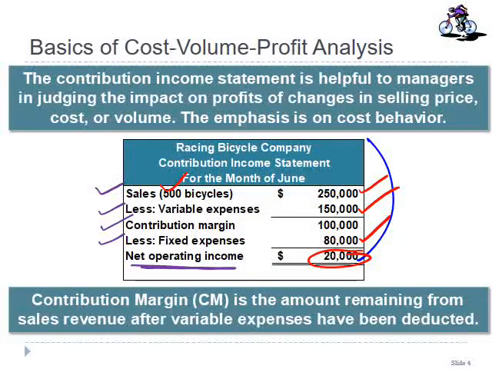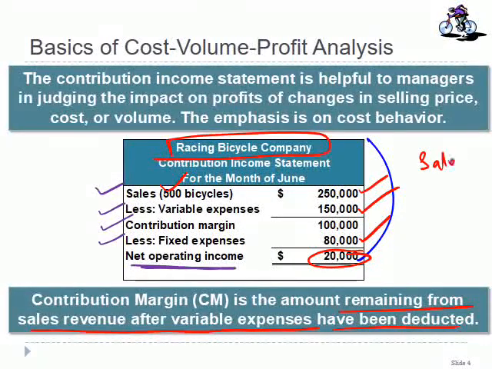So in order to understand the cost volume profit analysis, we have a hypothetical example of a company named Racing Bicycle Company, or we call it RBC. So throughout the slides we're going to call it Racing or RBC. So we're going to talk about its application regarding cost behavior. Okay, so contribution margin is the amount remaining from sales after variable expenses have been deducted.